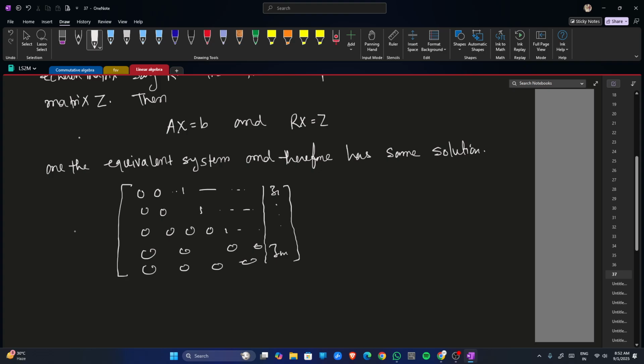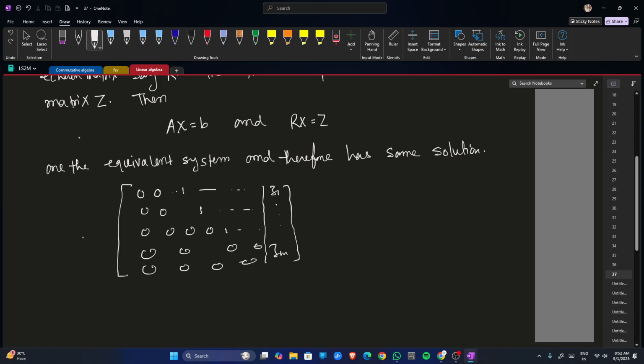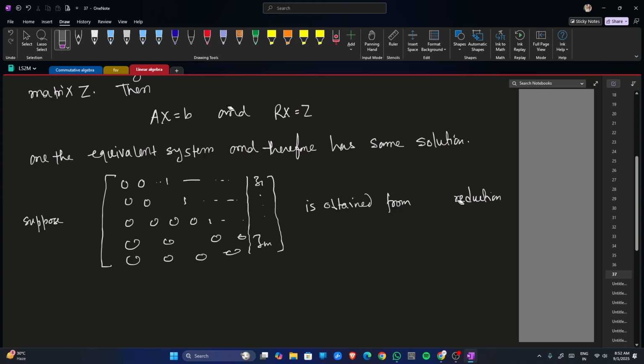Suppose this is your augmented matrix R, obtained from A dash via row reduction.